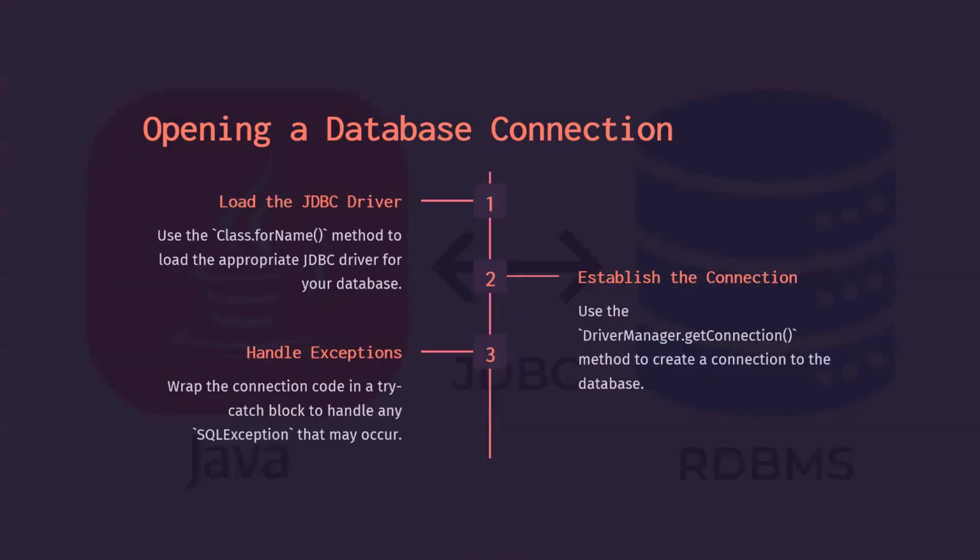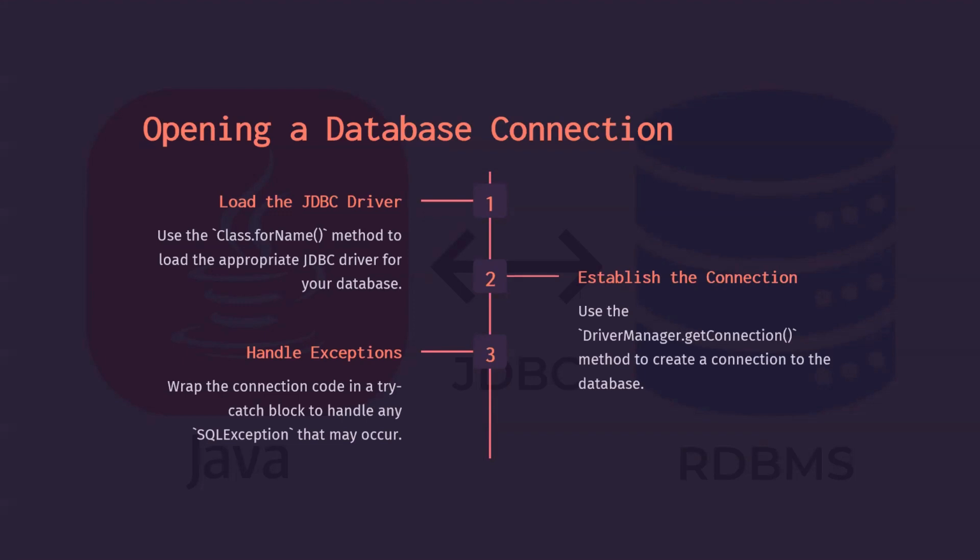Now let us know about opening and closing our database connections. For opening a database, first of all we have to load the JDBC driver. We use the Class.forName method to load the appropriate JDBC driver for your database.